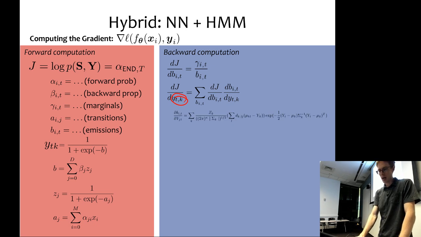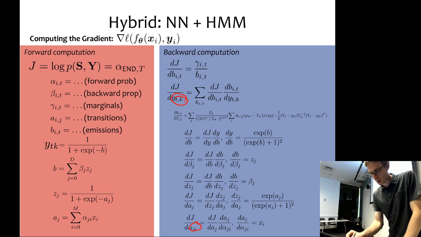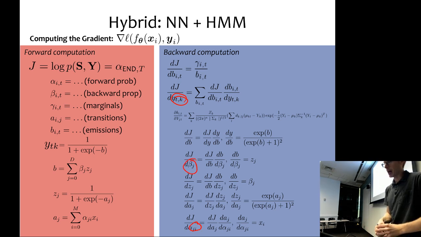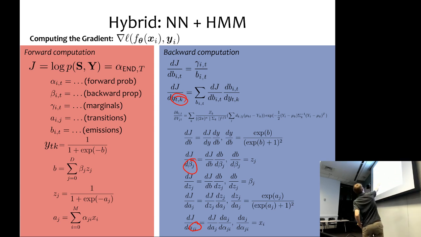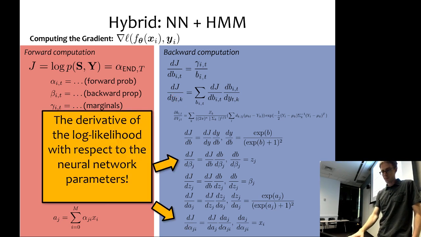Then we can backprop further all the way down into the parameters of the actual neural network. At that point, we have the gradients that we need, and we can update the parameters of the neural network appropriately.